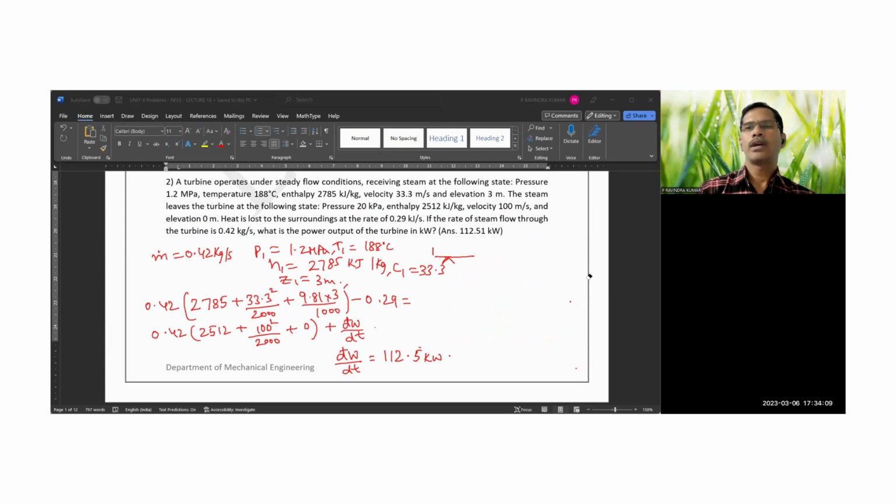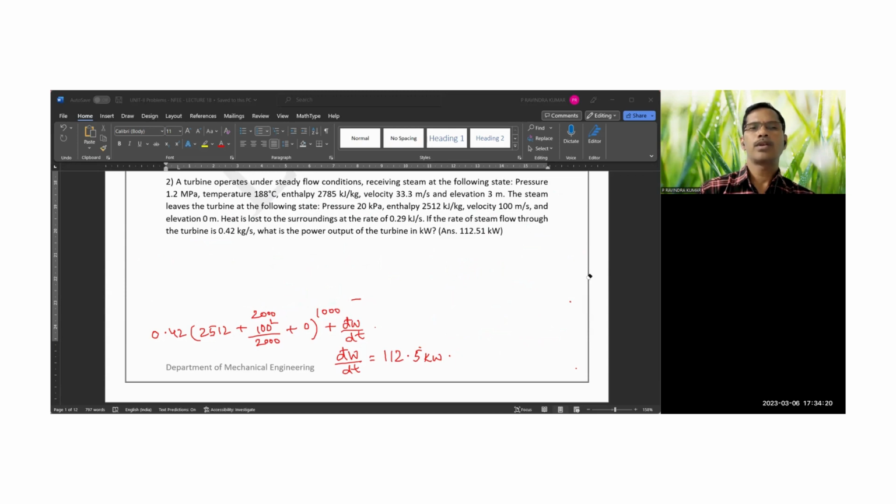Whether the heat is leaving or entering the system, and whether work is done by the system or onto the system, these are the things you have to keep in mind after applying the steady flow energy equation. So this is all about the second problem.